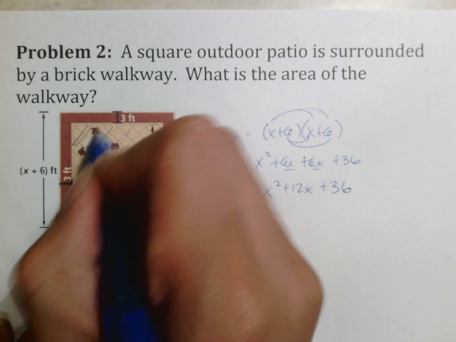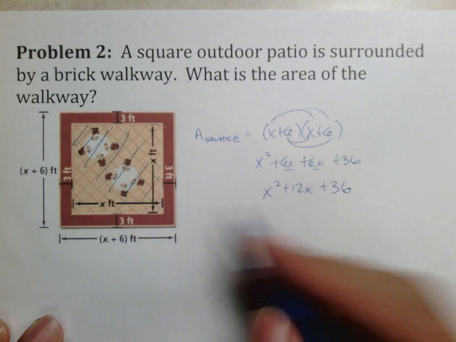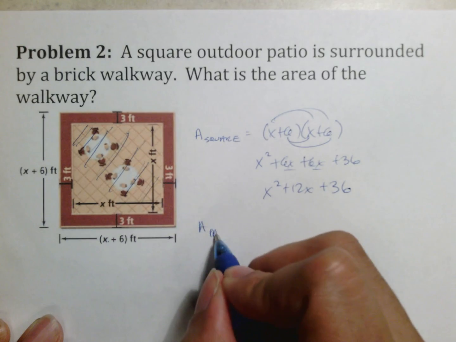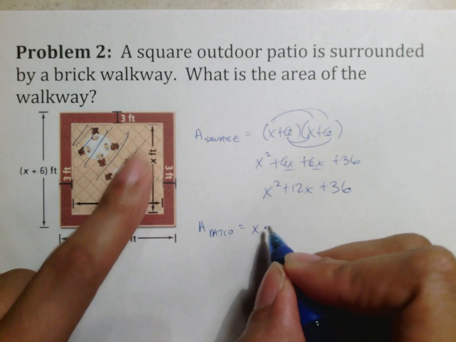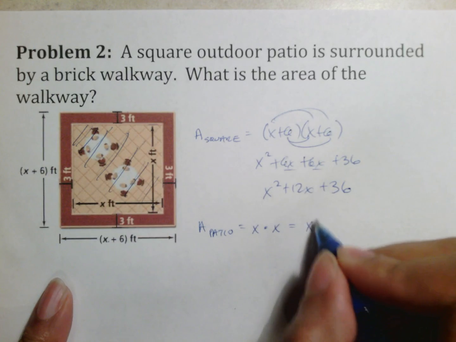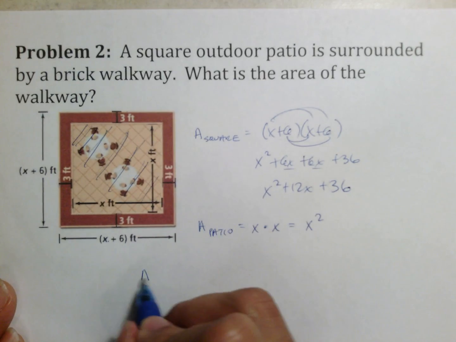So what we want to do is erase or take away that area, and of course the dimensions of that is x by x. So the area of the patio is just x times x, which is easy enough, just x squared. So again, the full part right there is going to be the area of the square.